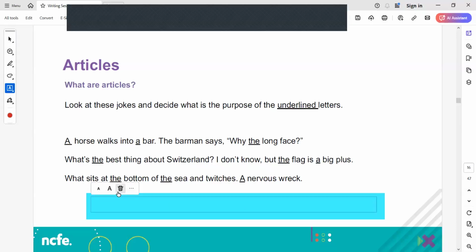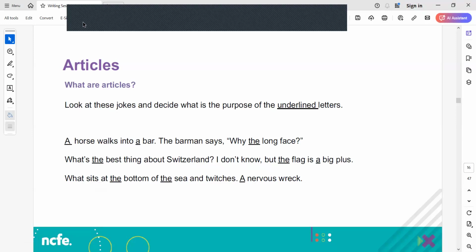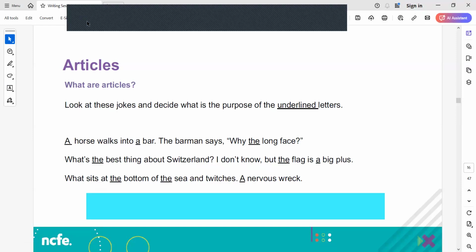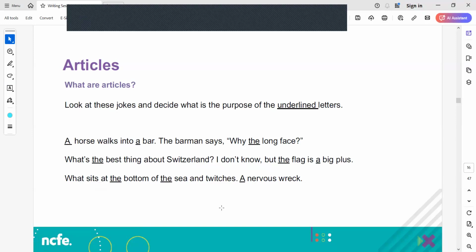Even though you might know, it is actually quite hard to describe. Let me just have a look. Okay, so our text is missing there.